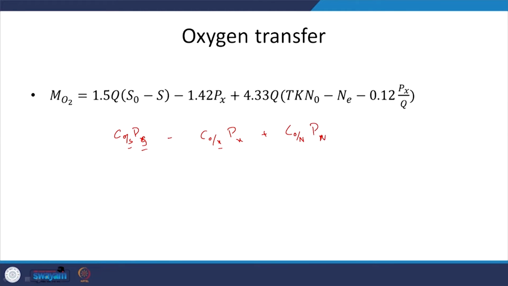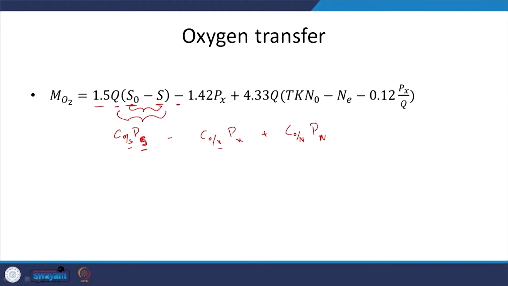So, here what is PS? It is nothing but the amount of substrate that is being consumed, for which we need to provide the oxygen. So, that is what we have here, Q into S naught minus S, initial concentration of the substrate minus final. So, that multiplied by Q will give me the mass of the substrate that has to be biodegraded, and 1.5 is the conversion factor.